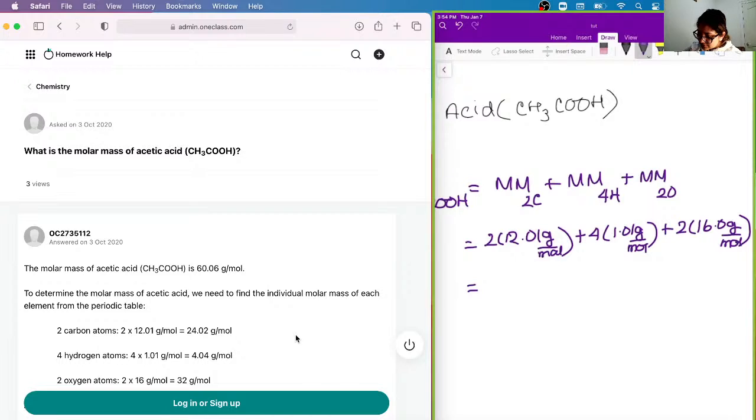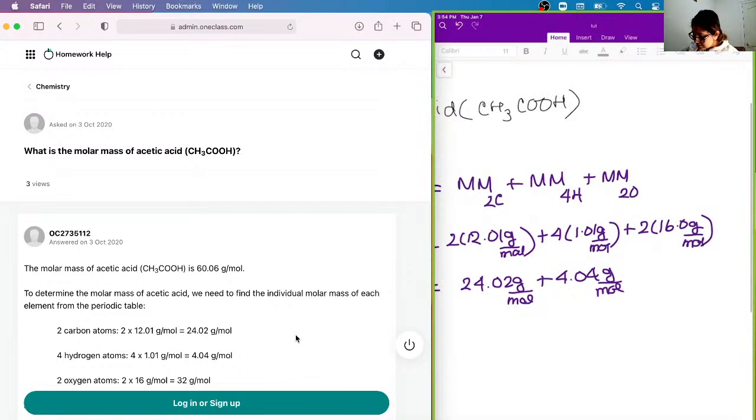So now let's further evaluate this, and we get 24.02 grams per mole. And then you add this with 4.04 grams per mole. And lastly, you would add the oxygen, and you get 32.0 grams per mole.